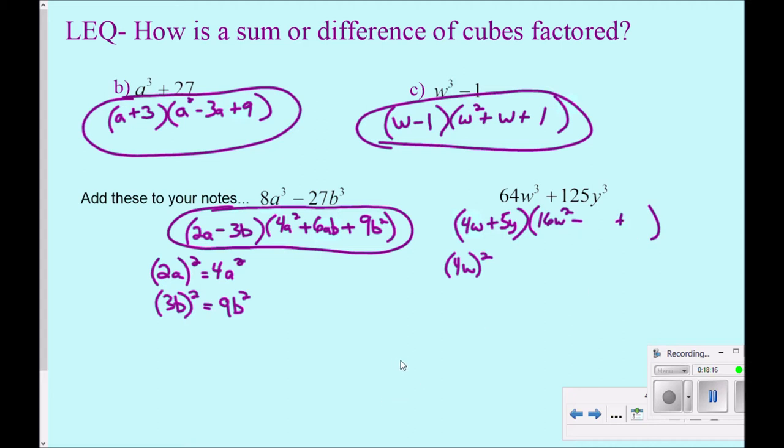When I square 5y, the quantity, I get 25y squared. And when I multiply 4 times 5 times w times y, I get 20wy. So we have 4w plus 5y times the quantity 16w squared minus 20wy plus 25y squared. And that is my final answer.